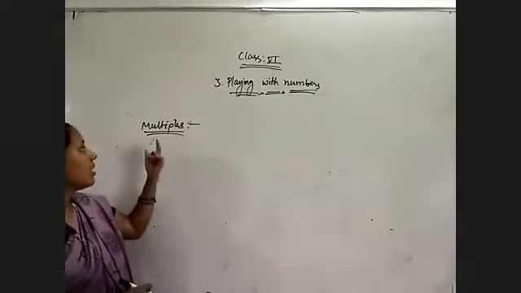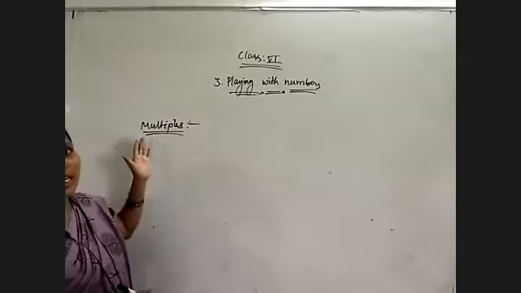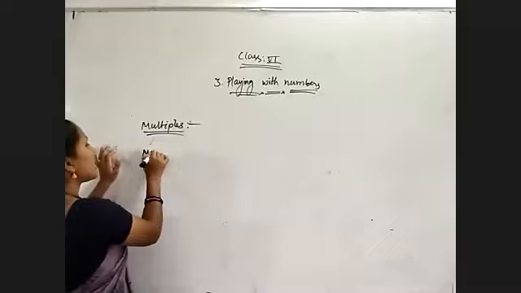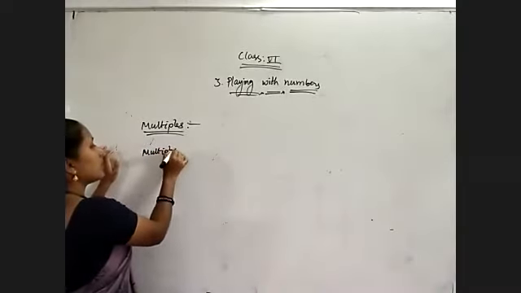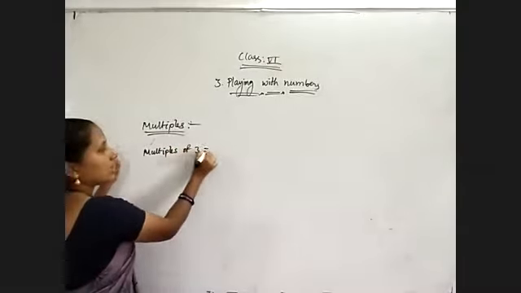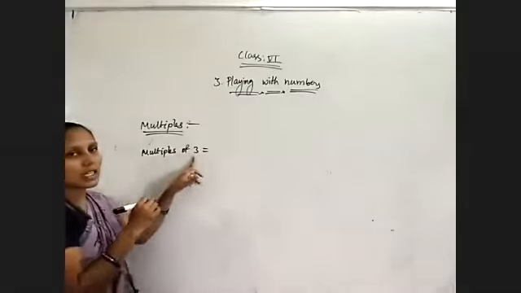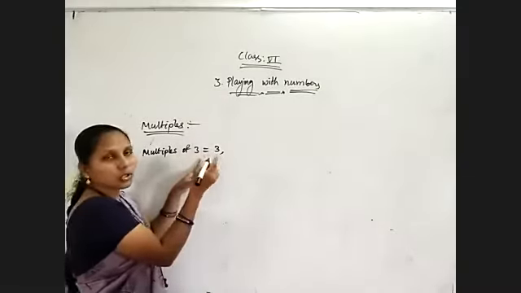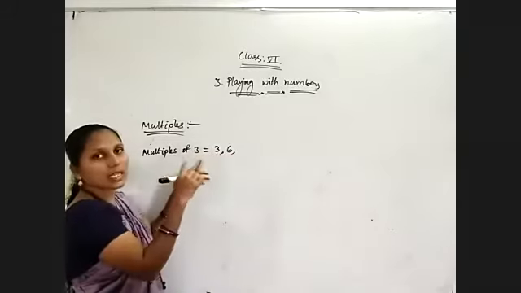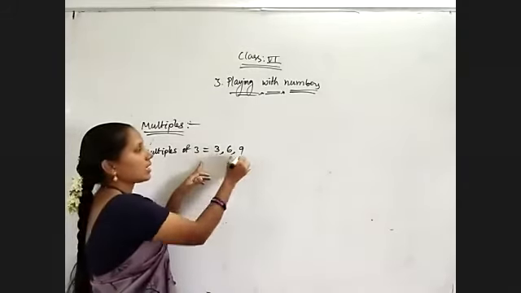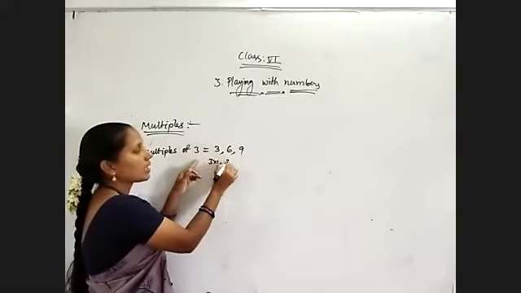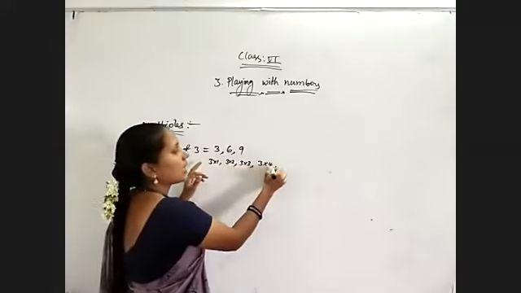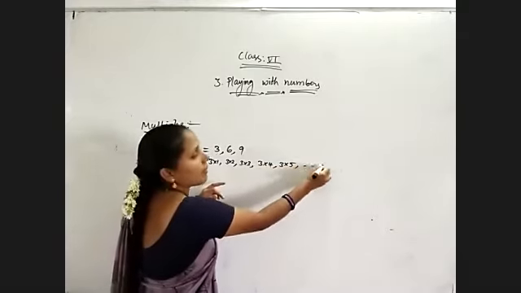While we are writing multiples, we need to multiply with 1, 2, 3. Suppose I am writing multiples of 3. Multiples of 3 is equal to 3 into 1, 3 ones are 3. 3 into 2, 3 twos are 6. 3 into 3, 3 threes are 9. So 3 into 1, 3 into 2, 3 into 3, 3 into 4, 3 into 5. Like that we need to multiply.